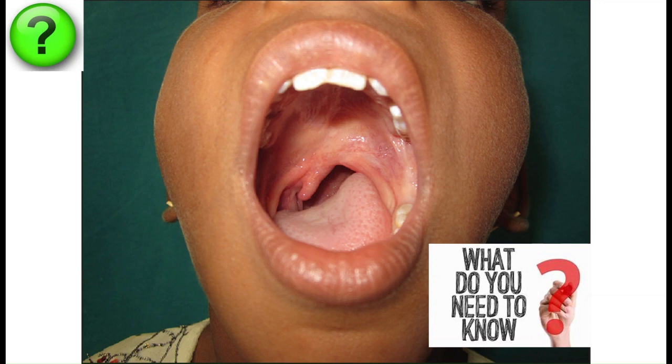Now, which side is not working? It is the left. Why? Because the uvula is deviated to the right. When there is a deviation to the right, that means the right is working, and the left should work and bring the uvula to the middle. It is not working here, therefore it is the left.